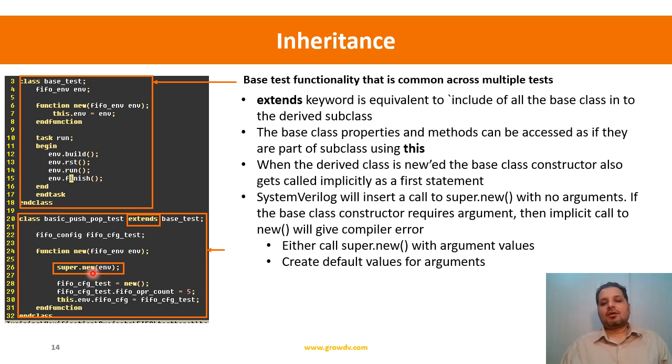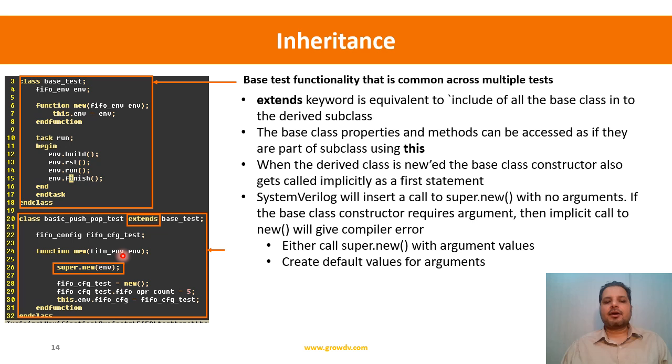When SystemVerilog implicitly inserts a call to the base class constructor, it inserts it without any arguments, because it wouldn't know. By default, it would insert a super.new without any arguments. But the constructor, as we have seen, is like any other function, which returns nothing but can take arguments.